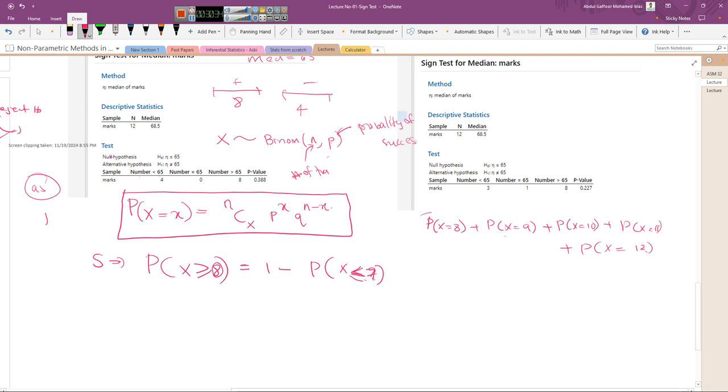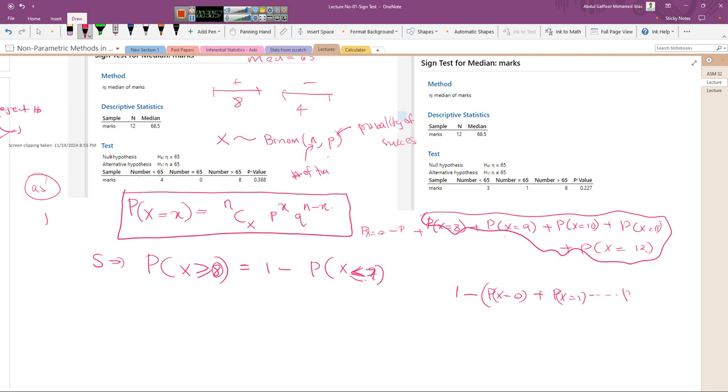Otherwise, what we can do is, we have probability of X equal to 0 to probability of X equal to 8. So the total probability is equal to 1 minus the probability of X equal to 0 plus probability of X equal to 1 up to plus probability of X equal to 7. This is what we have to find out.